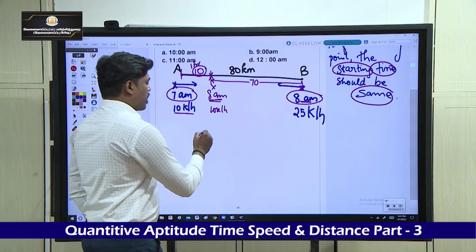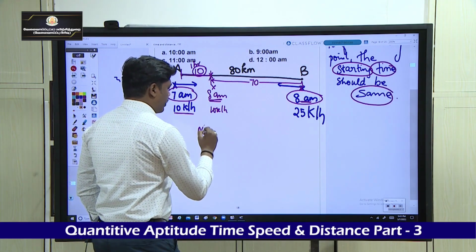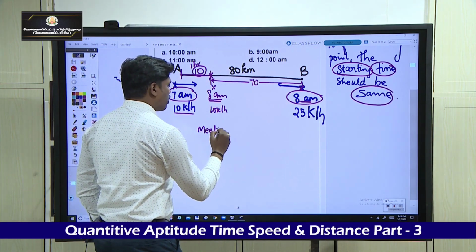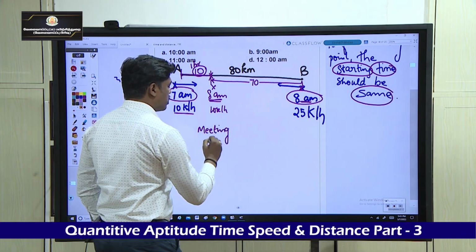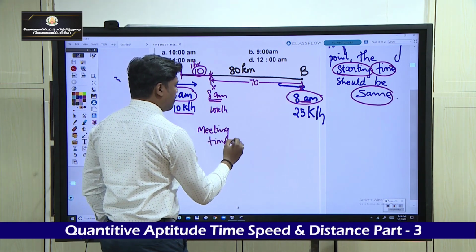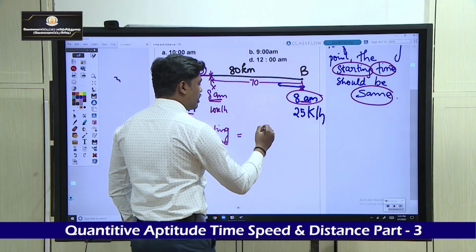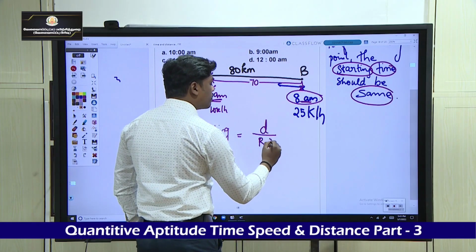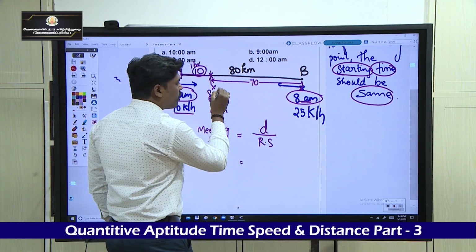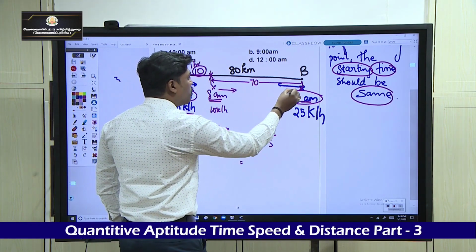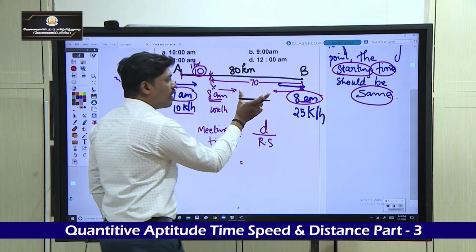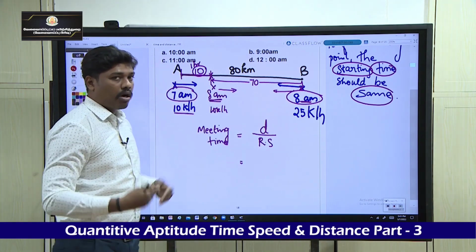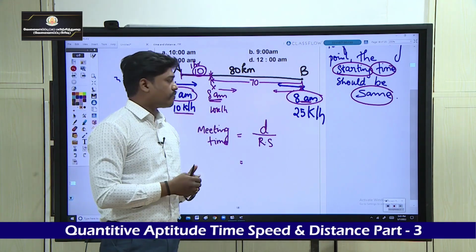Now, the question is the meeting time, or crossing each other. Meeting time is equal to distance between them divided by relative speed. Two persons with two different speeds are moving in opposite directions. Opposite means add.